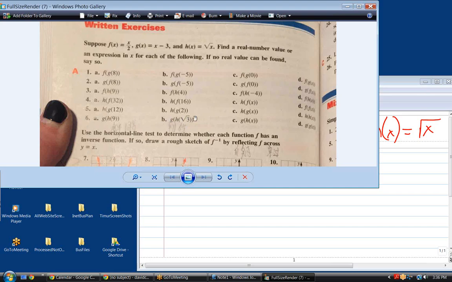In other words, if you wanted to know how to do this one, first of all, let's figure out what h of root 3 is. Whatever that comes out to be, plug it in for that, taking g of whatever value that is. It's a lot like nested parentheses.